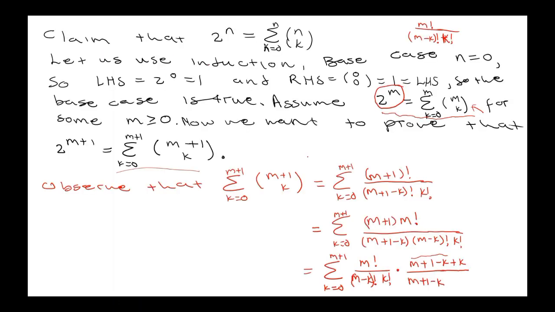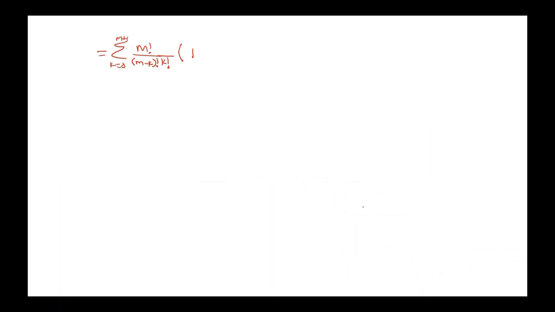So then we have the sum from 0 to m plus 1 of m factorial over m minus k factorial by k factorial, into 1 because of this one, right? If you divide m plus 1 minus k by this one, you have 1, then plus k over that.